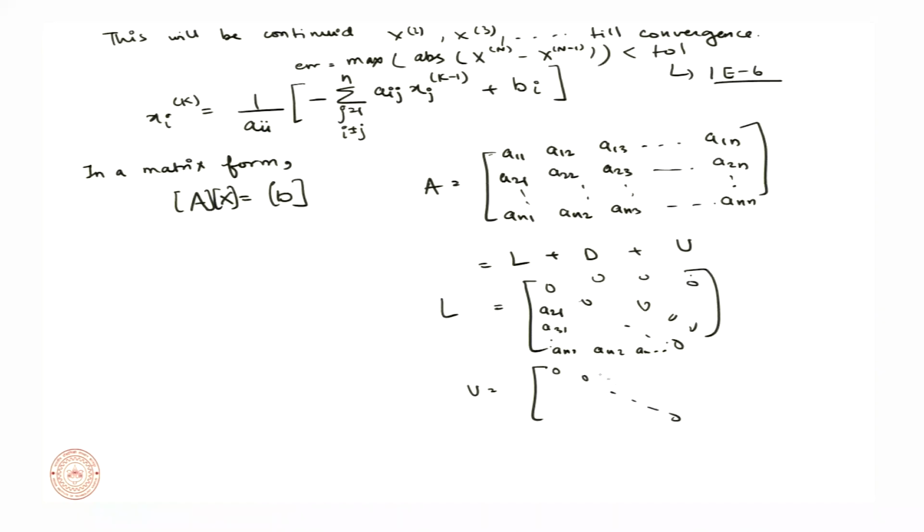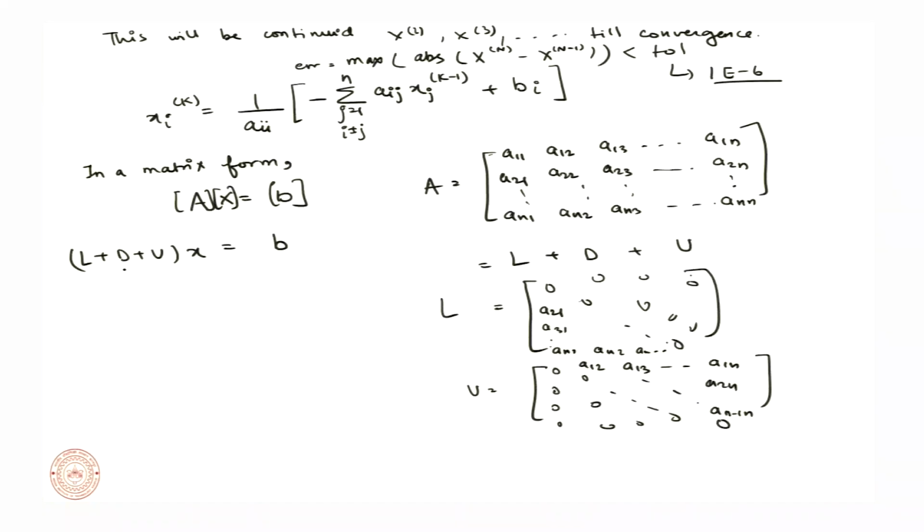So all the diagonals are 0, a12, a13 to a1n, a2n all the way up to n minus 1 n. Okay, and the lower terms will all be 0. Then the diagonal terms you understand, right? So the diagonal terms will be a11, a22, a33 to ann. So you can add this up, and then we can write this: L plus D plus U times x equals to b.